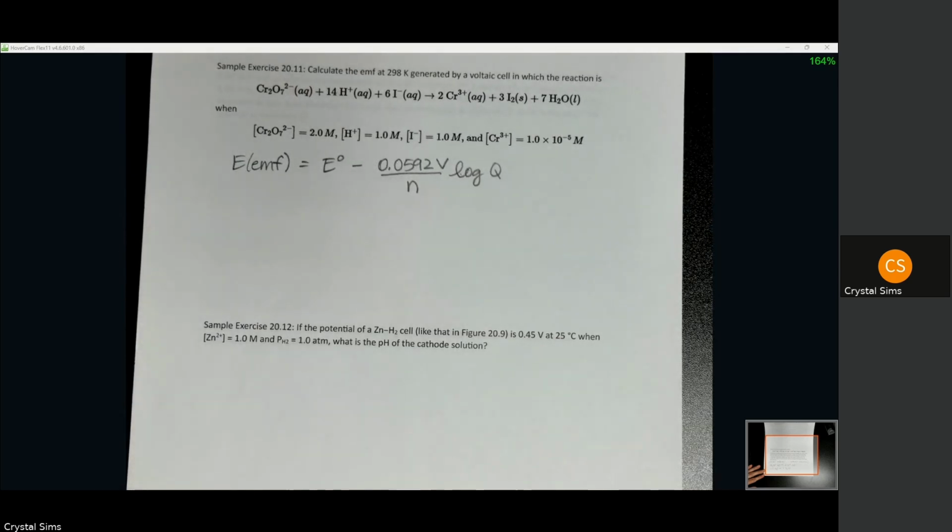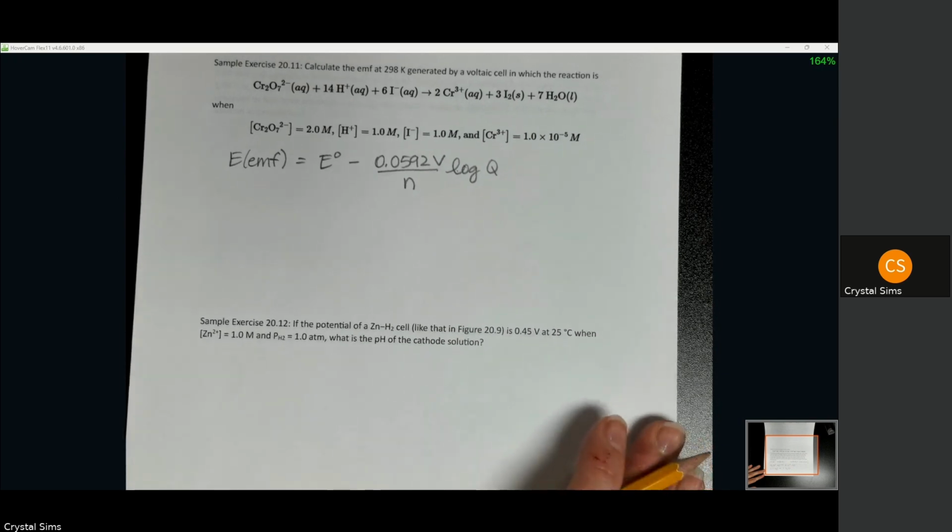And we're using our delta G that we just looked at that was equal to negative nFE and plugging that in and then continuing on, instead of the natural log, putting in the base 10 log, and this ends up being our equation.